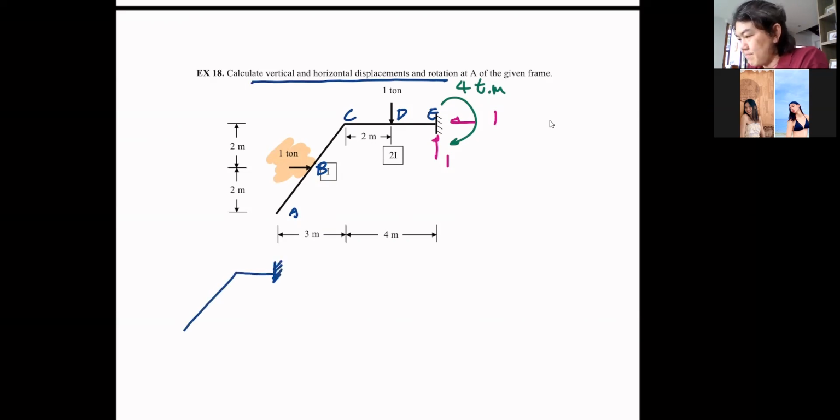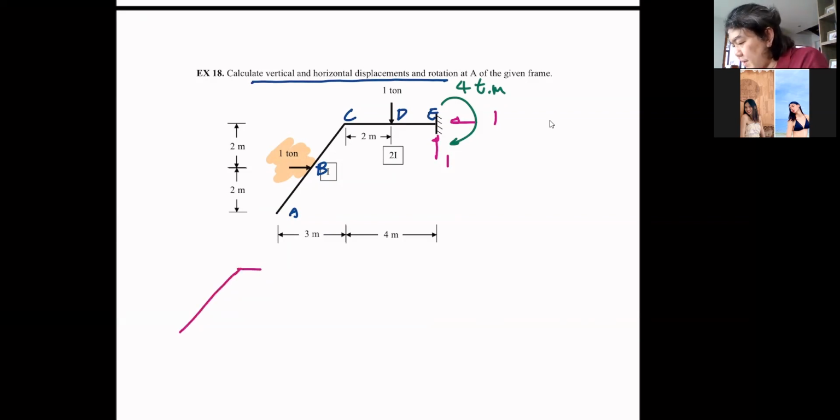Let's say, I think if I use a different color, it'd be better, right? So that you can differentiate each load case. So let's say vertical, okay, pink.